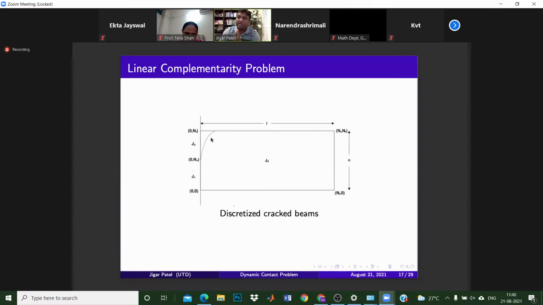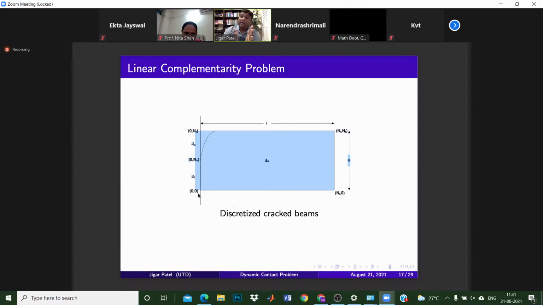This point set is divided into three different sets, right? There is this set J1. That set J1 contains all those points that are literally connected, glued to the wall. They are not going to move, right? No matter how much force you apply, these points are going to stay there.